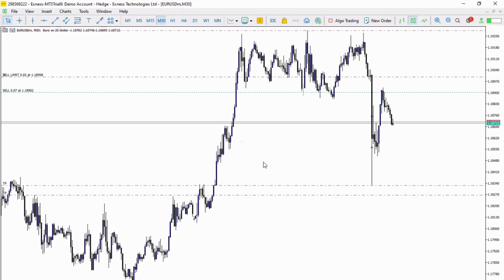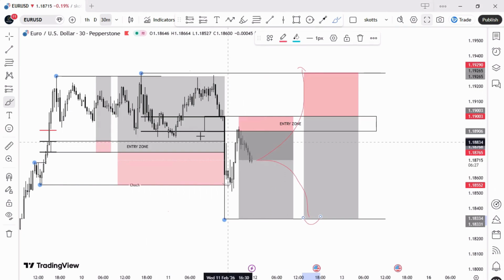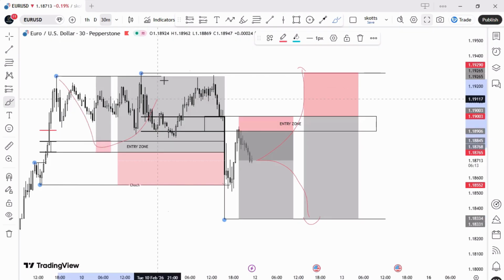So that's the trade breakdown of this first trade, which is a pattern of a bullish continuation. We were trying to catch that, wait for that pullback and then catch the continuation. But unfortunately, the trend switched from a bullish all the way to a bearish trend.